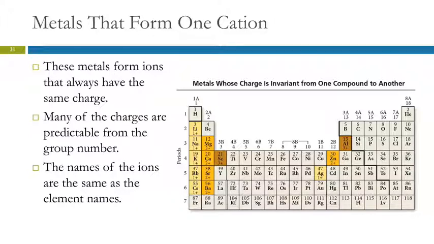He only forms one ion, but he just doesn't show up much, so we can just ignore him and be fine. So aluminum, zinc, and silver. Aluminum's +3, zinc is +2, silver is +1. And I've got a slide coming up that helps us understand how to remember that. So these metals form just a single ion. They always have the same charge, and so the name of the ion is just the element name. Easy.